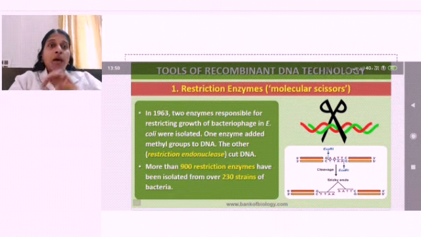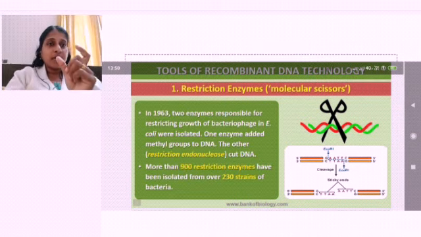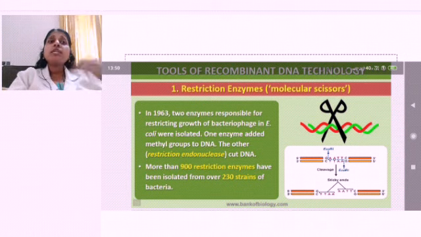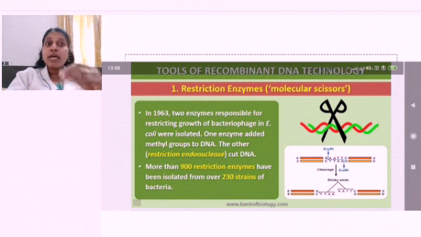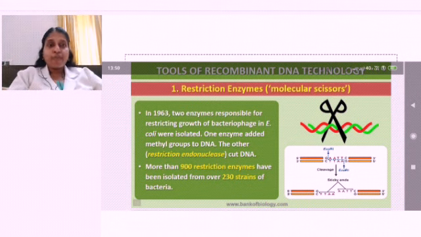Now, how was this restriction enzyme discovered? Actually, the name itself is telling: restriction. So it has some restriction. What is the restriction? In 1963, 2 enzymes responsible for restricting the growth of bacteriophage were discovered.